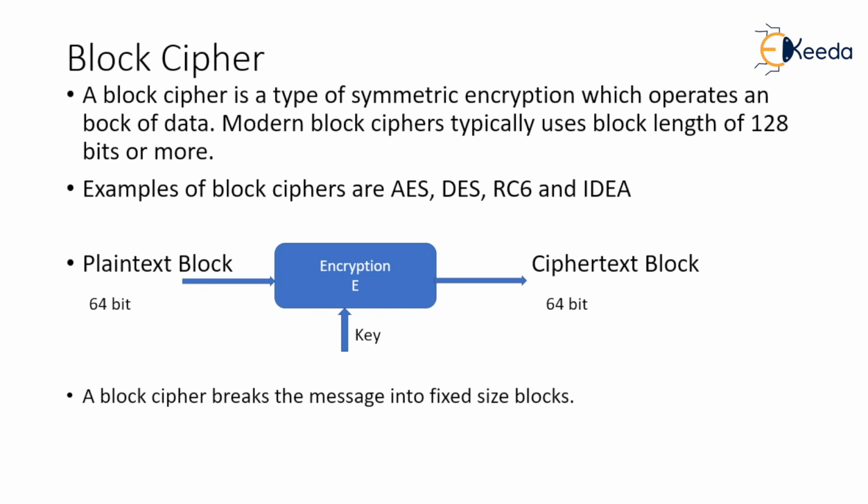So a plain text block is there, suppose it is of 64 bits. The encryption process takes place with one key, and after that the ciphertext gets created, and that ciphertext block will also be of the same size as the plain text block, that is 64 bits. The block cipher breaks the message into fixed size blocks, and those fixed size blocks then go for the process of encryption.